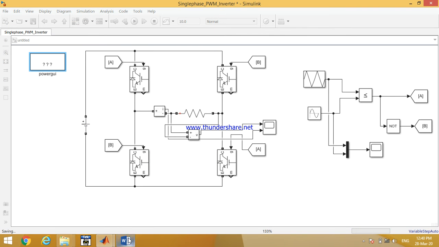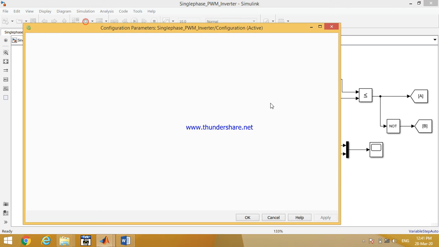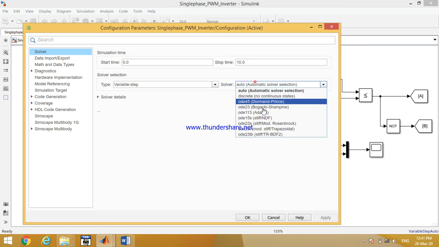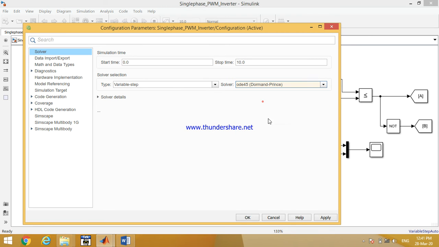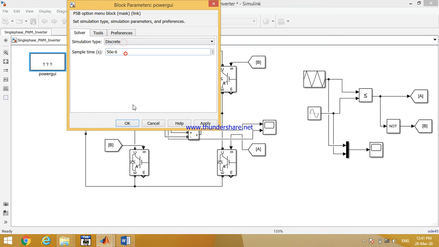Okay, so friends, you can see that in both the circuits, first of all we'll change the solver. Friends, you can select any solver to solve this circuit, and I have made it discrete.